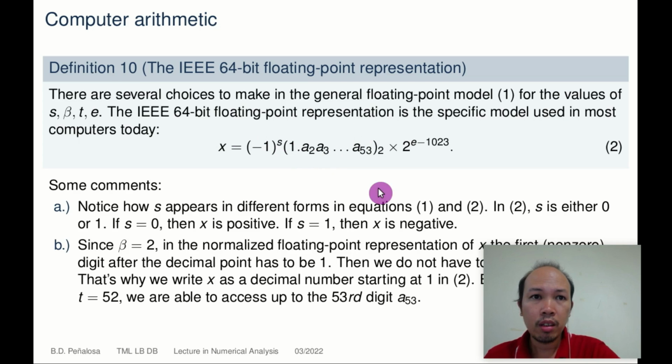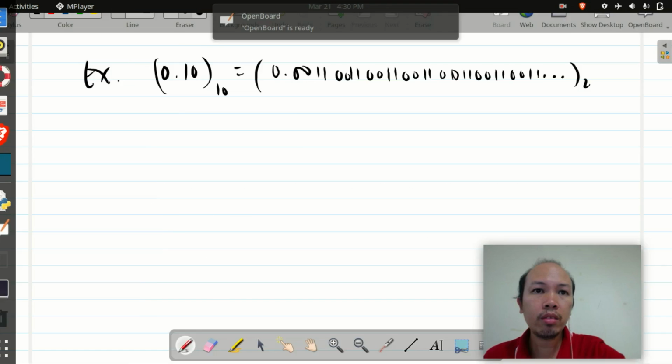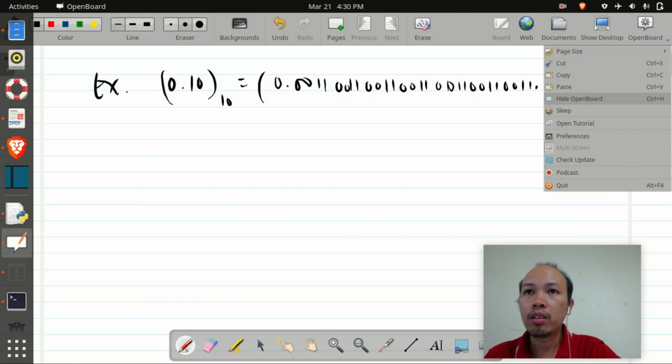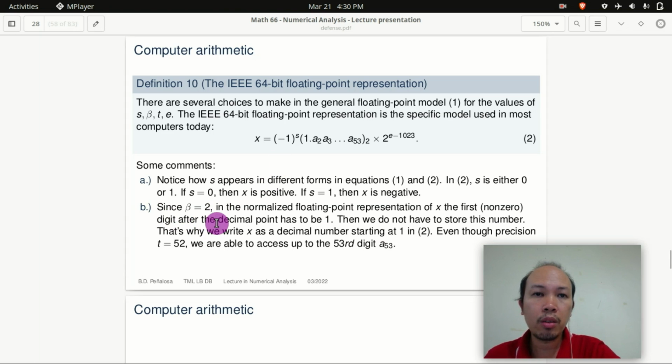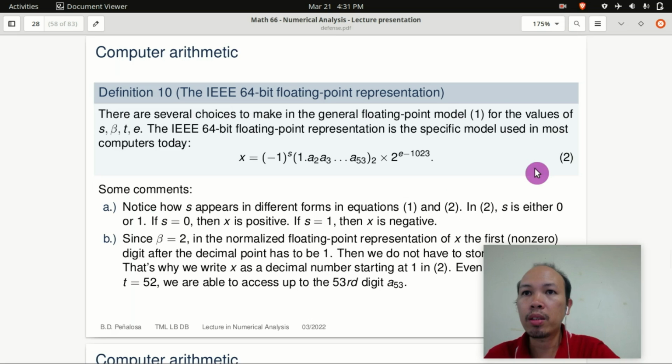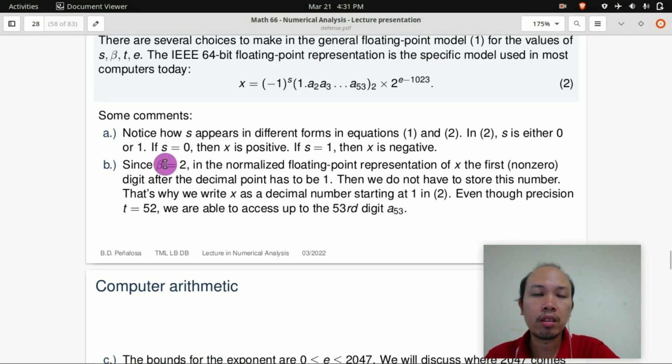And also, notice that since we are dealing with computers, our beta here, let me expand this one, is 2 because we are using binary digits. Then since we are going to normalize the given floating point representation of a number x, the first digit after the decimal point has to be 1, as you can see here.